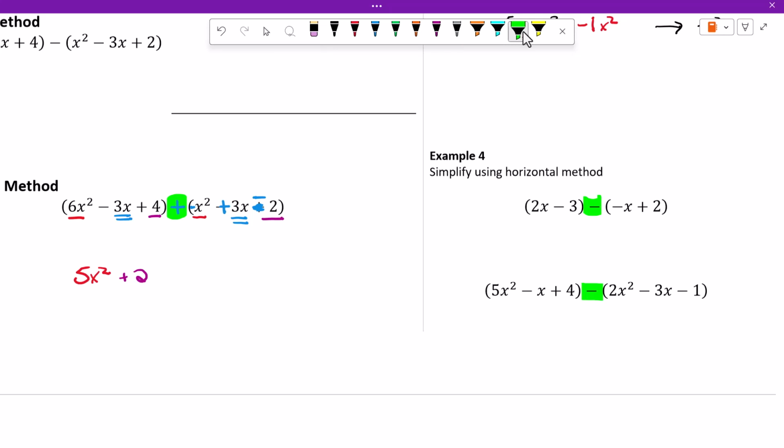So if it's the same thing, this is vertical, the same steps. Okay, so now you're not done yet.